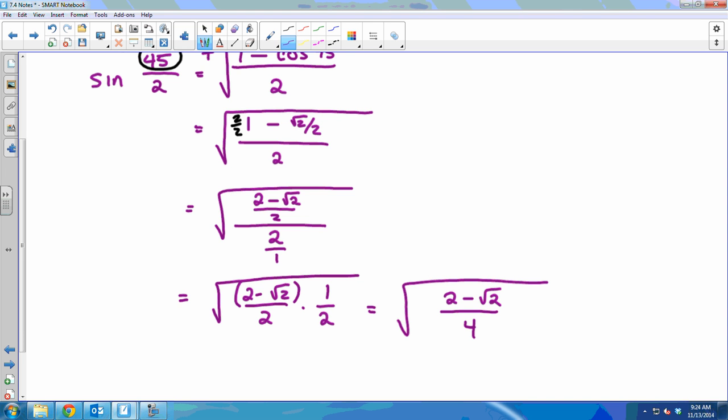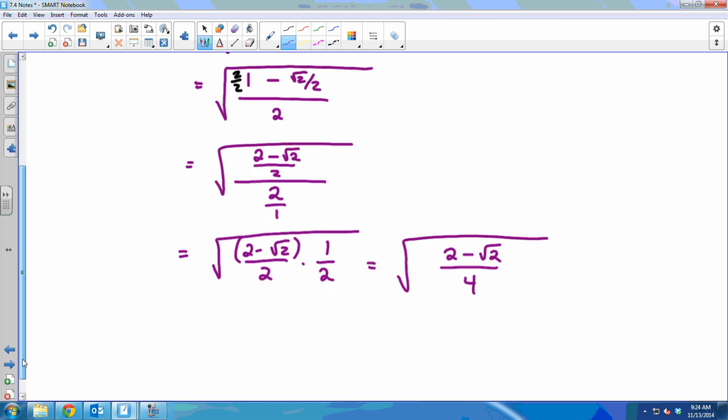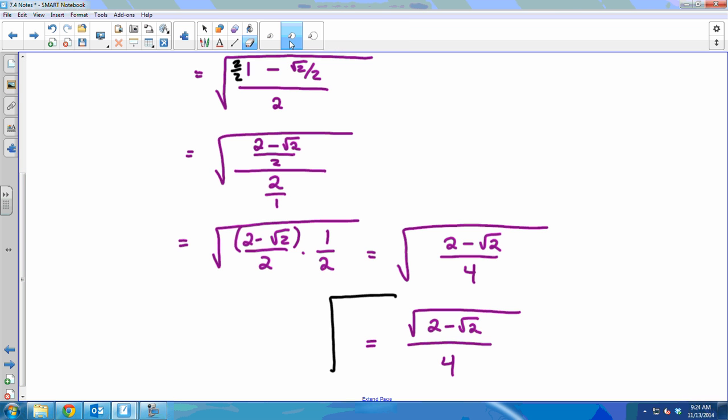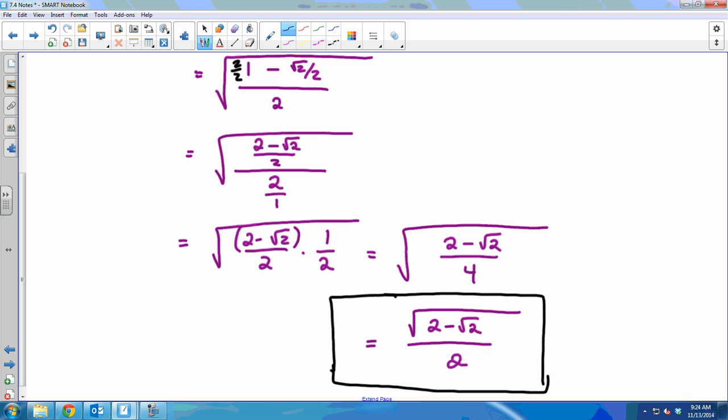Then we're going to take the square root of the numerator and denominator separately, because you can do that, and we know the square root of 4 is 2, right? So I'm going to have the square root of 2 minus the square root of 2 over 2, sorry. Good catch. Got ahead of myself. All right, so here is the exact answer.